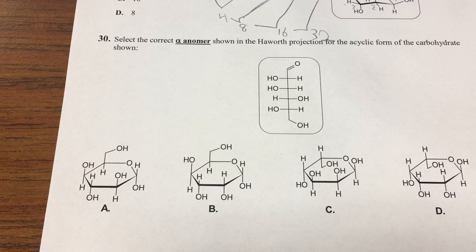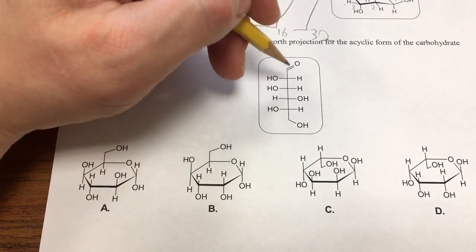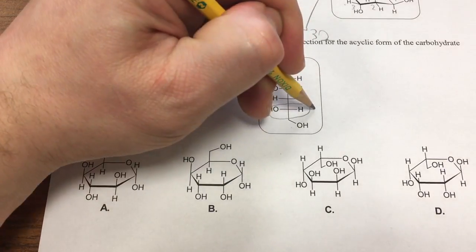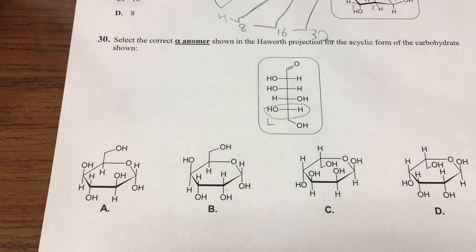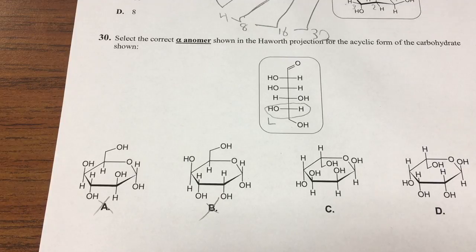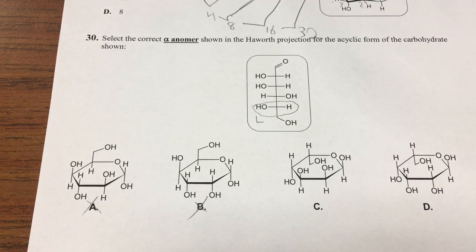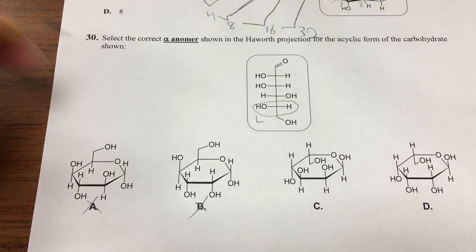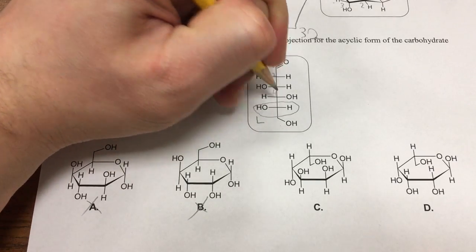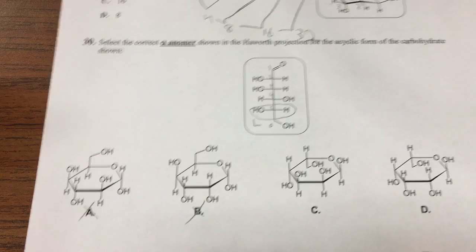And here, when we make the projection, we have to look, this is kind of odd, this is an L sugar right here, and so A and B are out. It's kind of odd that I did this, I probably won't do it again, but L sugars are not naturally occurring. Here we have an L sugar, and let me count this now, 1, 2, 3, 4, 5, 6.